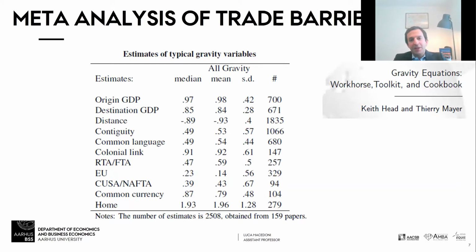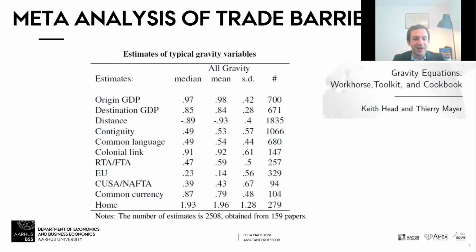Well, typically, you can imagine that a way to estimate the effects of these various variables on trade flows is to run a regression where you have, say, on the left-hand side, the log, or anyways, a measure of the bilateral trade flows. And on the right-hand side, you have origin GDP, the destination GDP, distance, and a series of other variables. The coefficients of these variables are what are reported in this table.